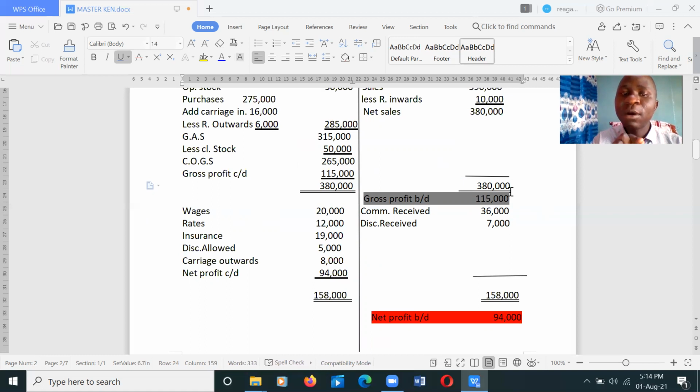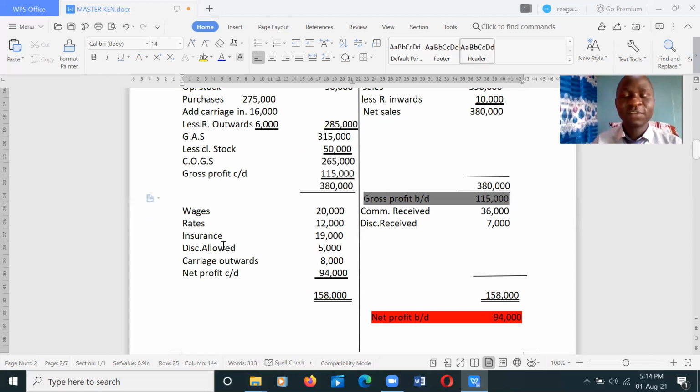Therefore the amount you indicated as gross profit carried down, you bring it down under the two lines, and then you indicate it as gross profit brought down. I repeat, the amount that you indicated as gross profit carried down to ensure that your trading account balances is the amount you bring here, under 380, but on the sales side, as 115, but you indicate it as gross profit brought down.